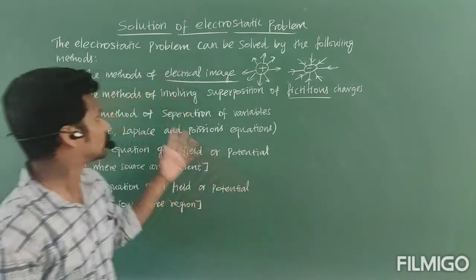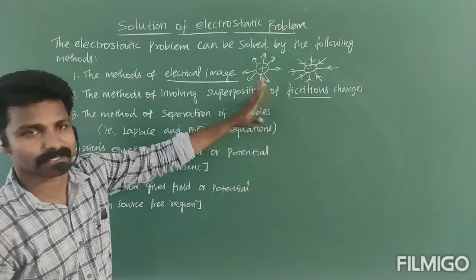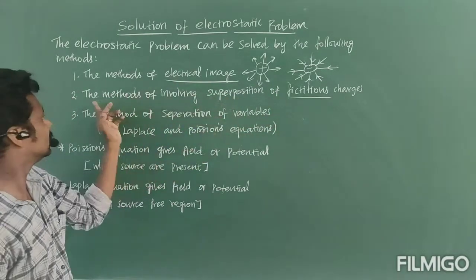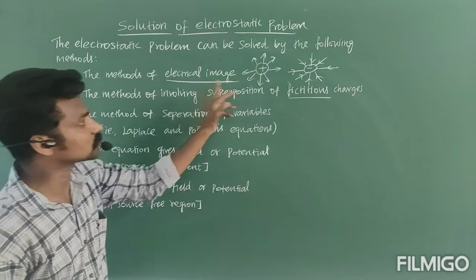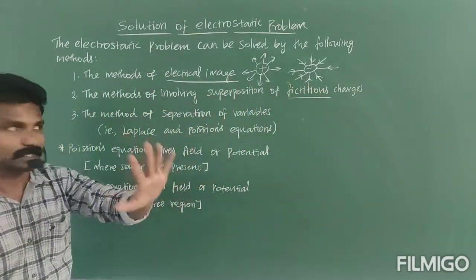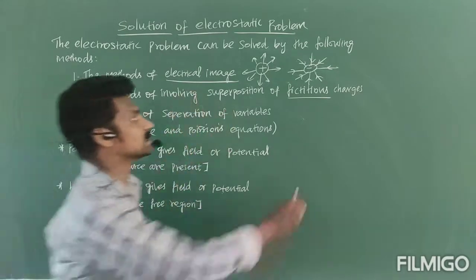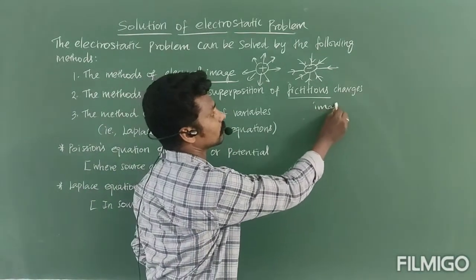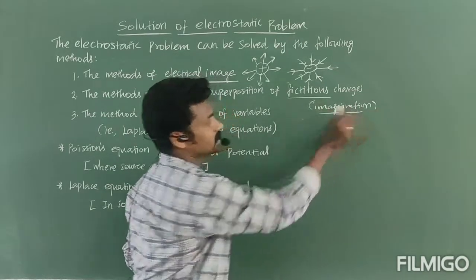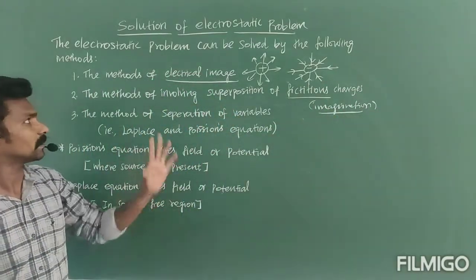So this method, with imagination, is called the methods of involving the superposition of the fixed charges. Okay, it is also one of the imagination methods.